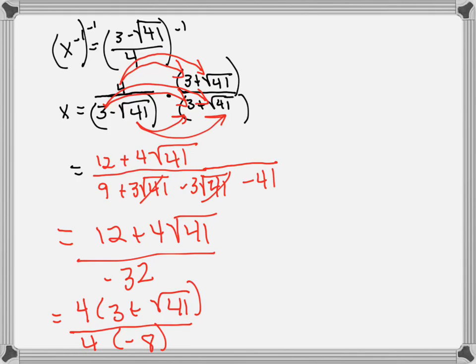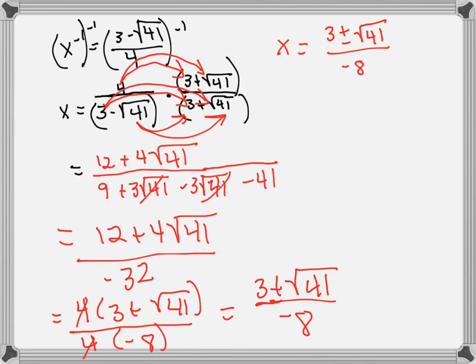If I factor 4 out of the denominator, I have negative 8. If I cancel the 4's, my second solution is 3 plus the square root of 41 over negative 8. So my two solutions are 3 plus or minus the square root of 41 all over negative 8.